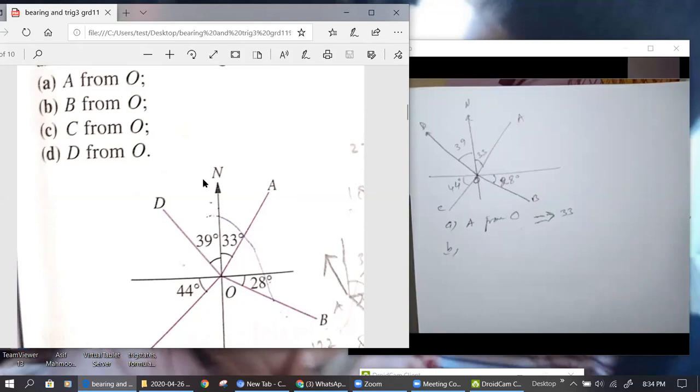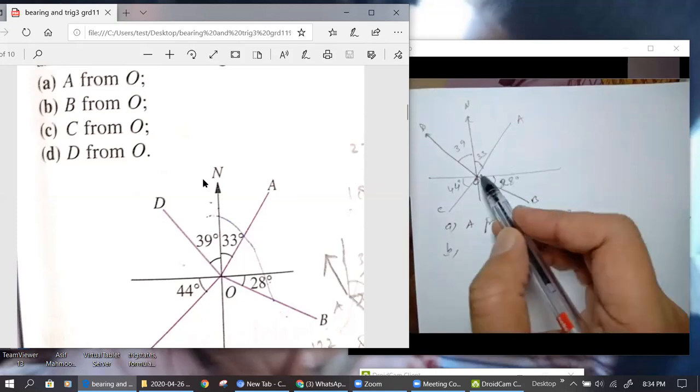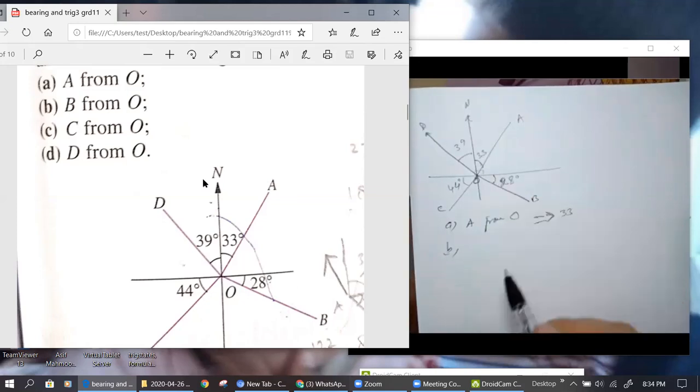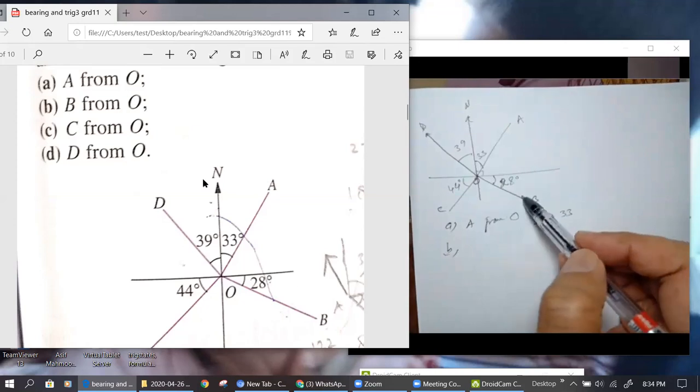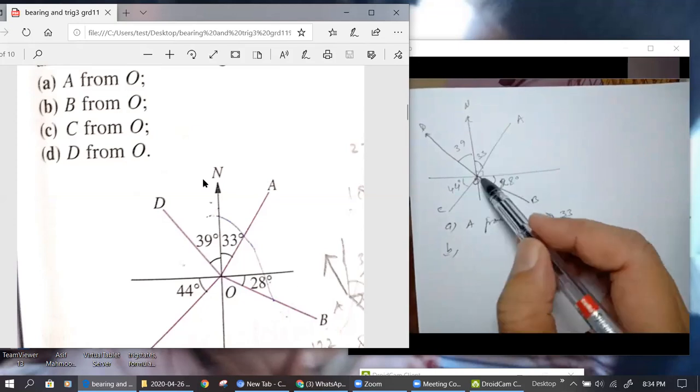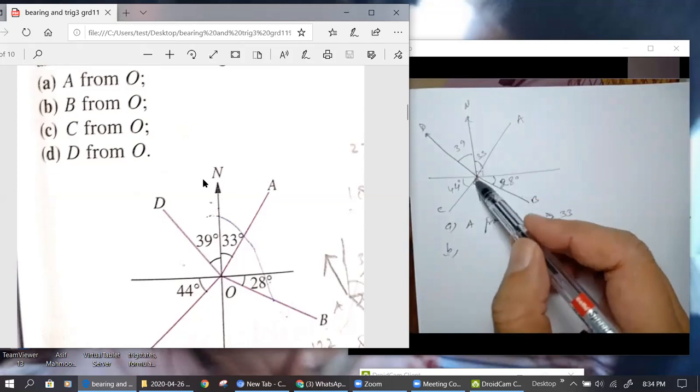Sir, I did 33 plus 28, and then I added 44 because of opposite angles. Okay, that's correct. You are taking this equal to this one.